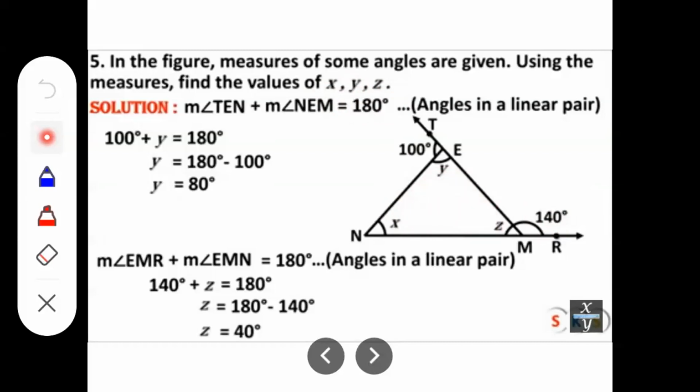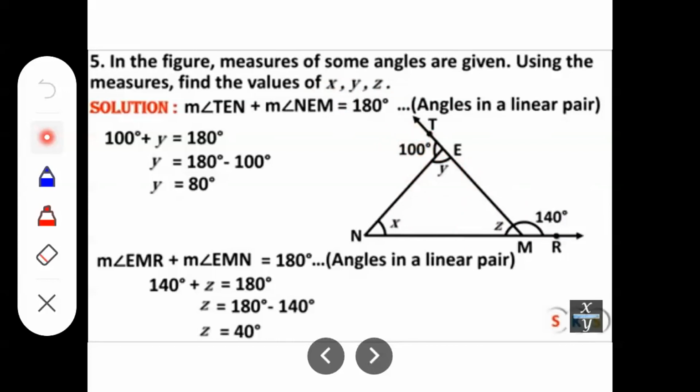We have to find the value of those. By observing the diagram carefully, you can say that we can use the property of angles in linear pair.